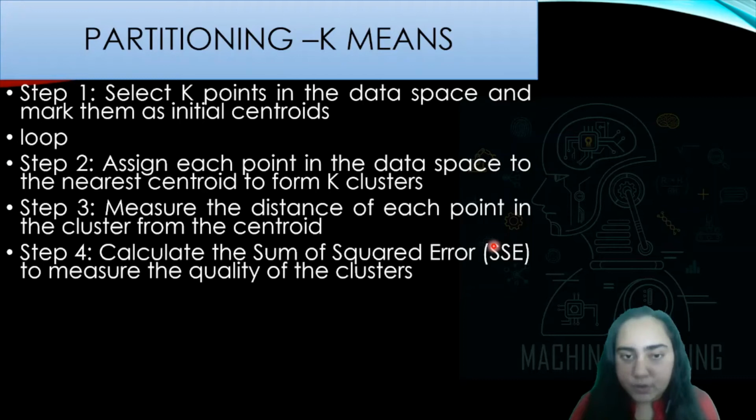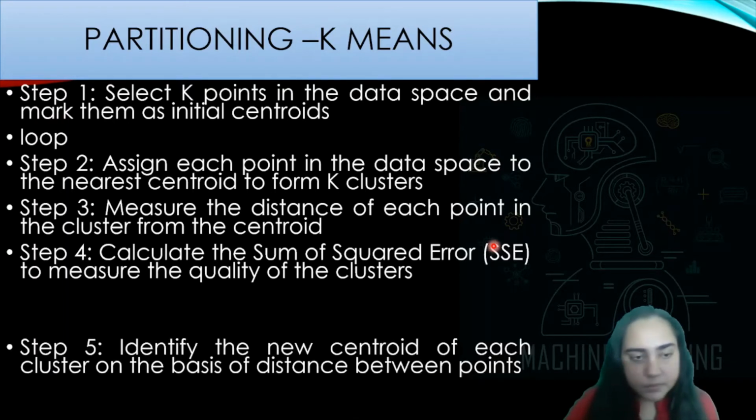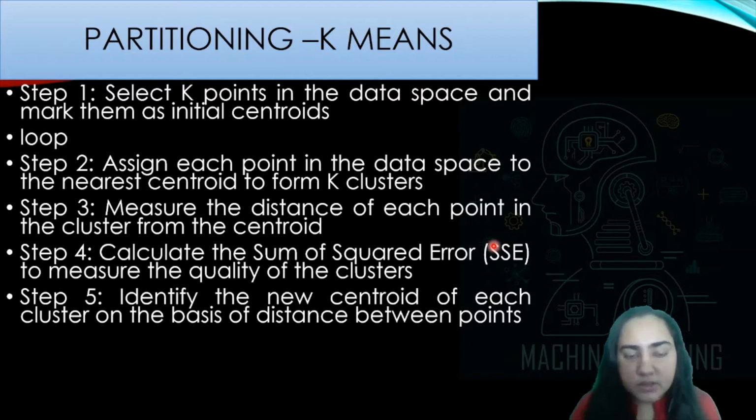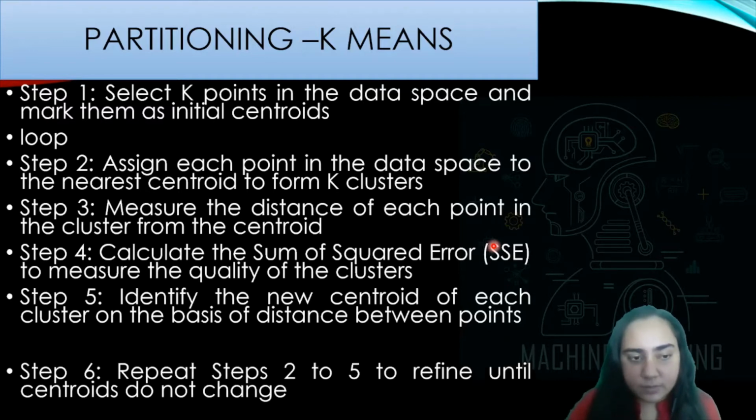This SSE is something we will see in the end. I will show you the formula for it, but basically it's a measure of how much error there is. If SSE is very high, then that means you have more error in your clustering. The next step is to identify the new centroid of each cluster on the basis of distance between points. Initially you just picked K points randomly, but now that you have divided everything into clusters, you can get new centroids based on the divisions you have done.